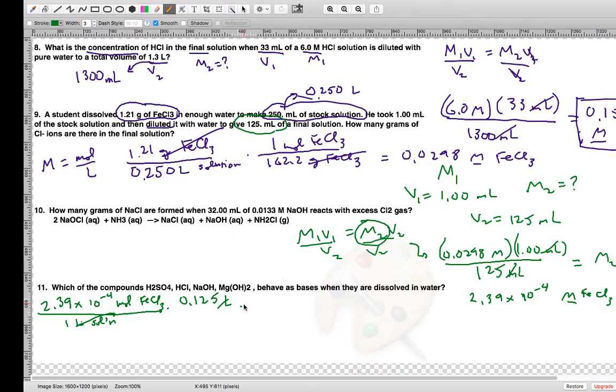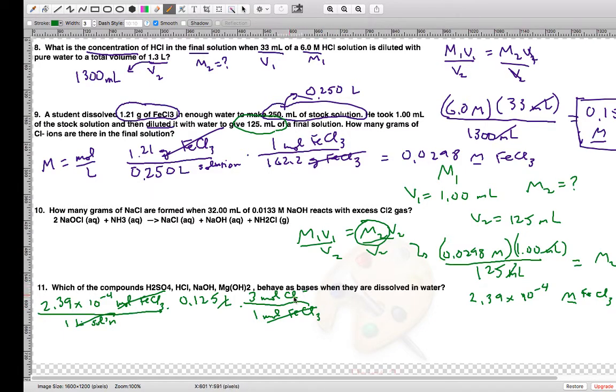So for every 1 mole of FeCl3, moles of FeCl3 are canceling here. For every 1 mole of FeCl3, how many moles of Cl are there? Well, in one of these FeCl3, there are 3 Cls. That's 3 moles of Cl minus.